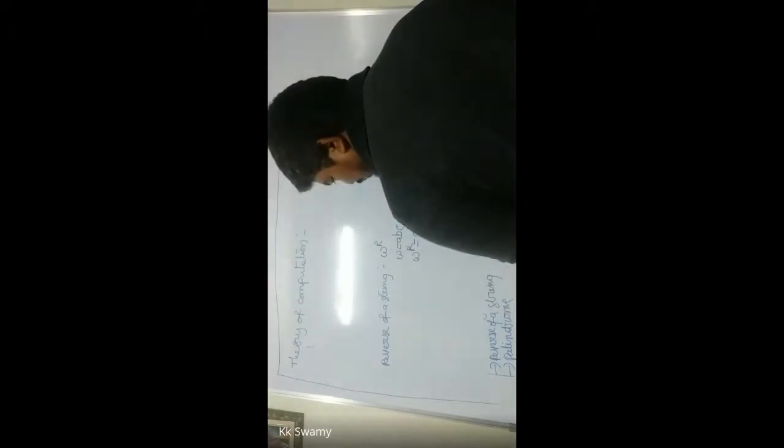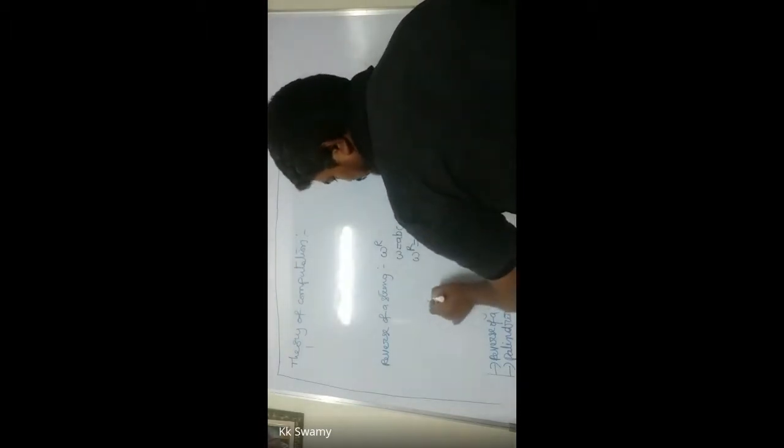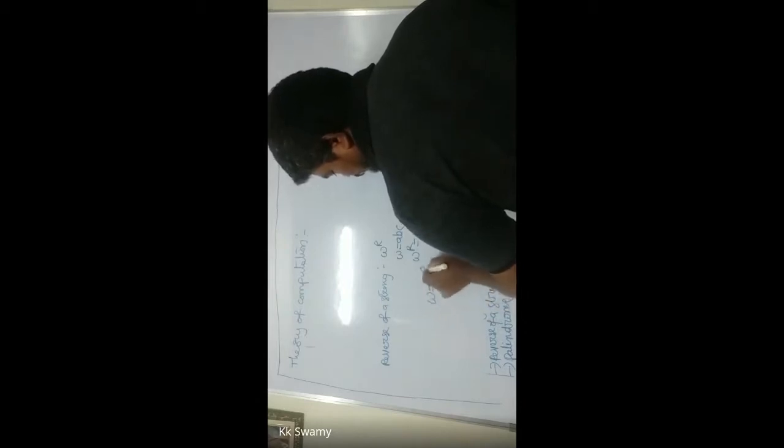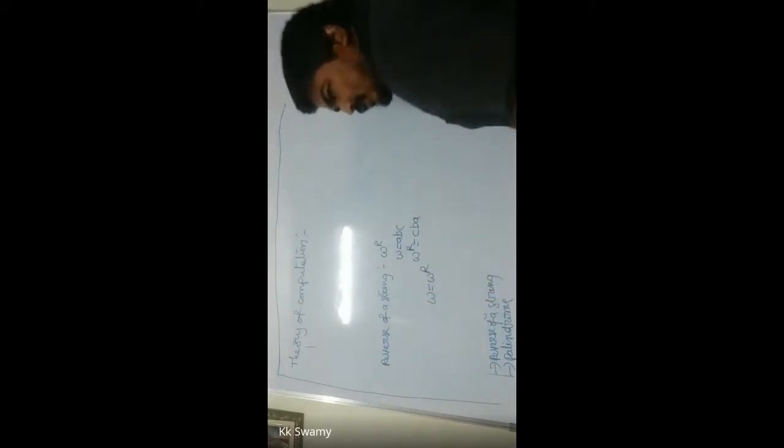Now, what about the palindrome of a string? The given string is said to be a palindrome if and only if W equals W power R. Okay, the given string and the reverse of the string are both the same. It is considered a palindrome of a string.